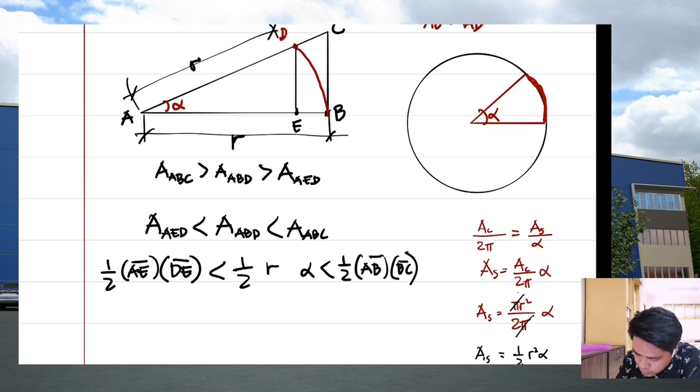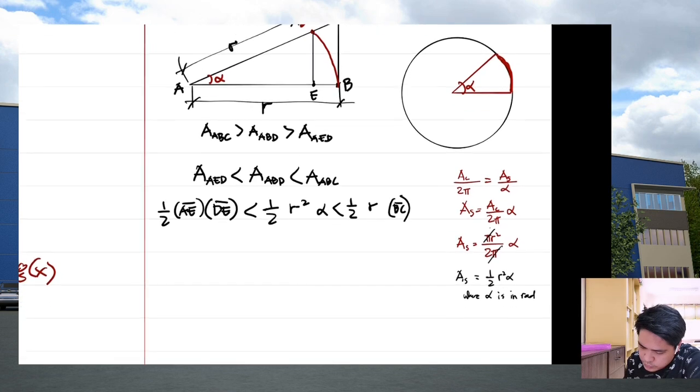Sorry. R squared na to. Then, AB is also R. Ayan.